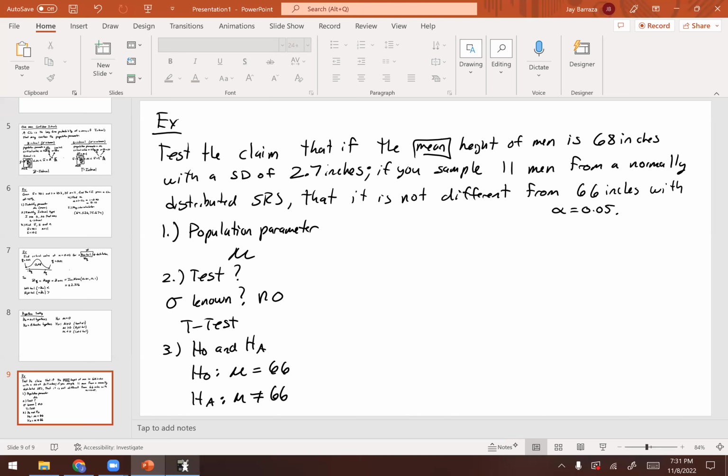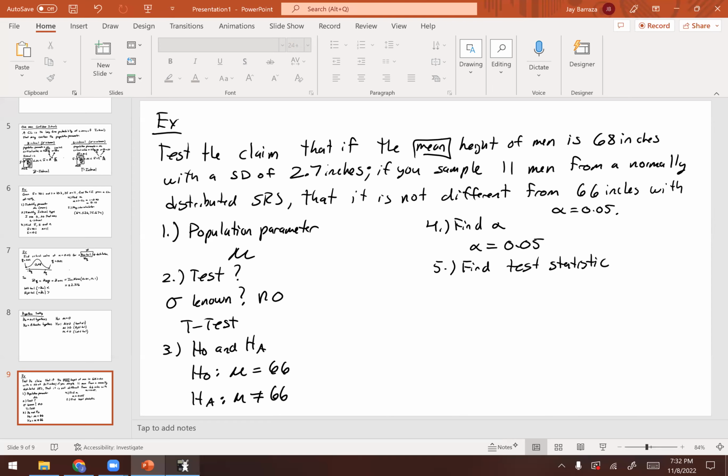Okay, step 4, find alpha. Alpha equals 0.05. Okay, that's it. Step 5, find the test statistic. Now, you don't have to do this because we don't really usually need it, but we should at least compute it once or twice because maybe a question just says, hey, what's the test statistic, right?